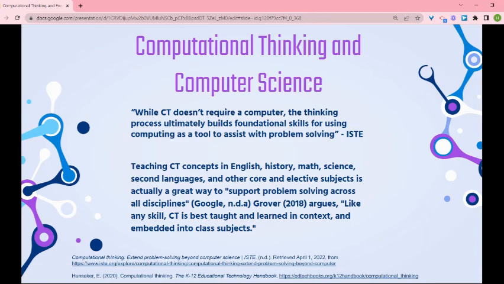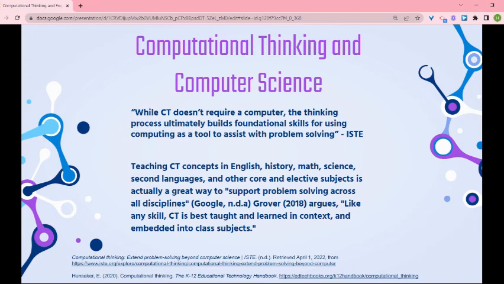And I want to touch a little bit on computational thinking and computer science, because my next series that I'll be doing in a couple of weeks will be around computer science across the curriculum. But computational thinking really is the foundation of computer science.